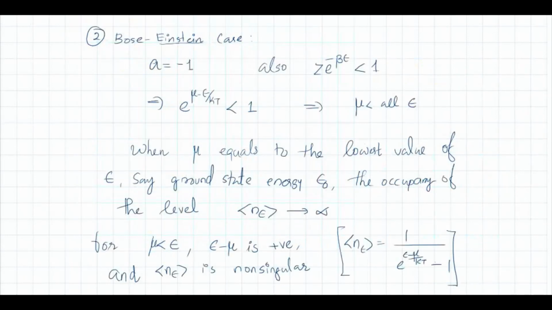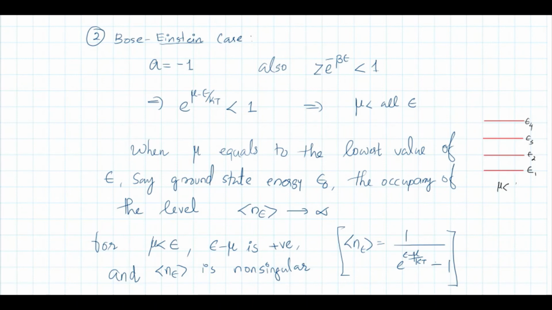So, what is Bose-Einstein condensation? If you vary temperature, at a particular temperature the population of the ground state becomes infinity. That is, more and more particles will accumulate on the ground state. If you have different single particle energy states, epsilon 1, epsilon 2, epsilon 3, epsilon 4, etc., mu should be less than all these energy values.